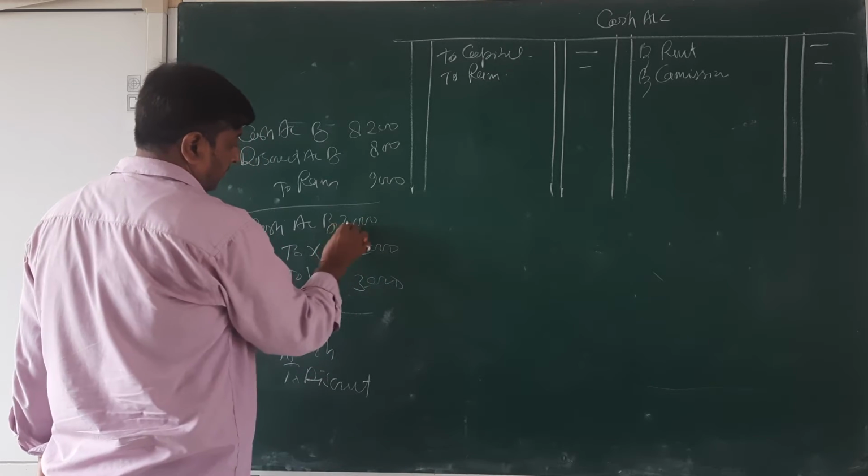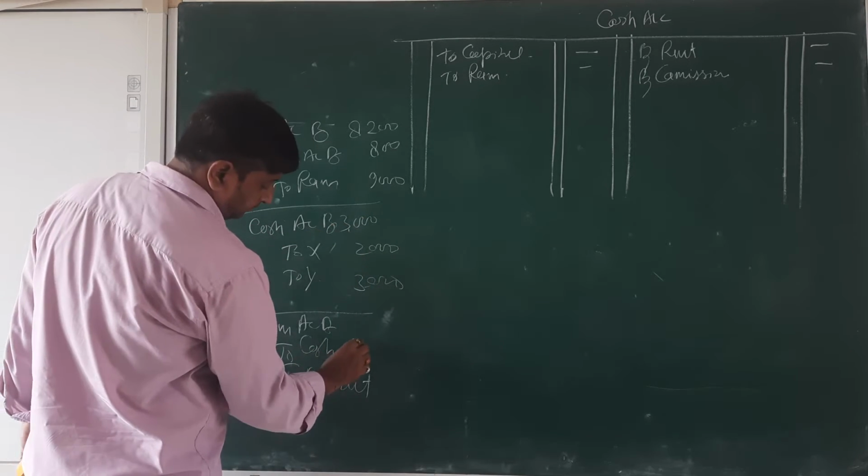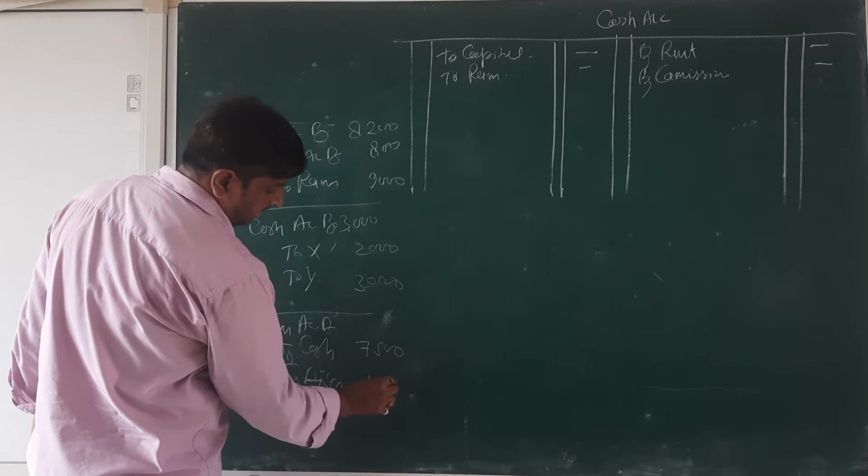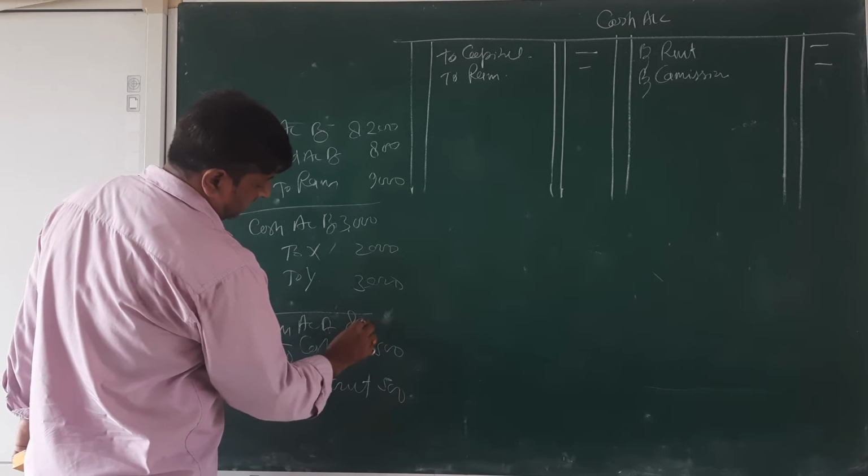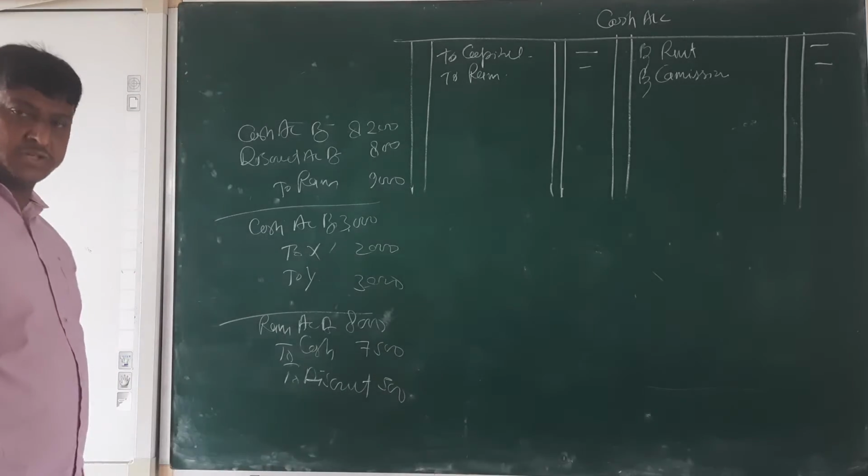Here 7,500, 500, 8,000. Okay. Now we are going to question.